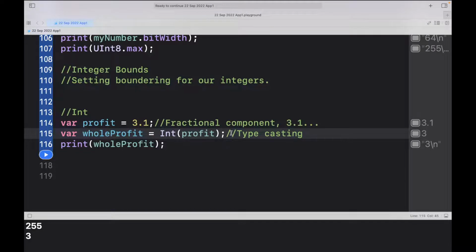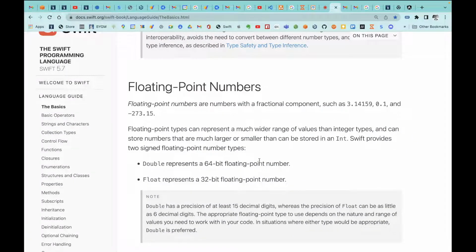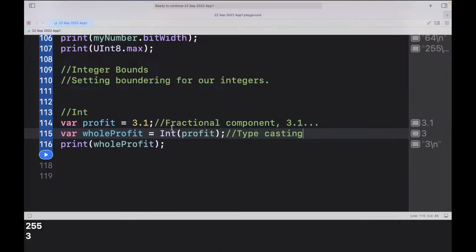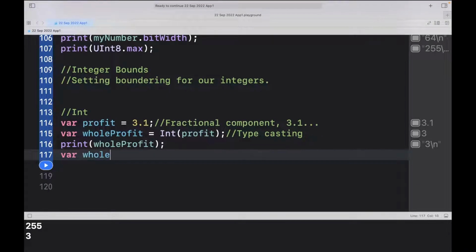So how do we reverse them back without typecasting, if there is such a thing? Or they can be stored in an int. Let's see something here then. So that means I'm able to say var whole profit, which is an int, is equal to profit.